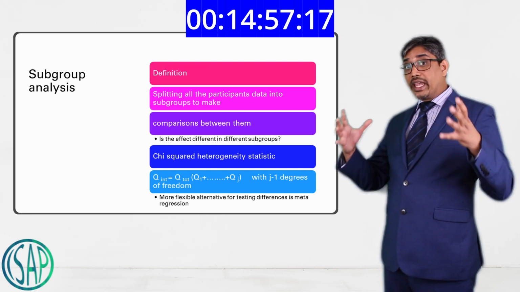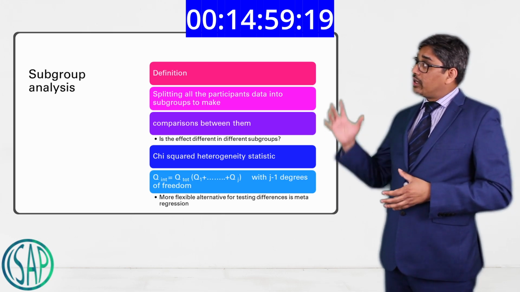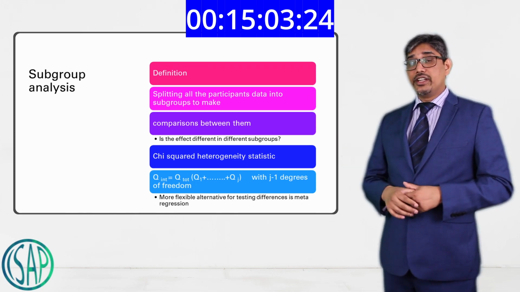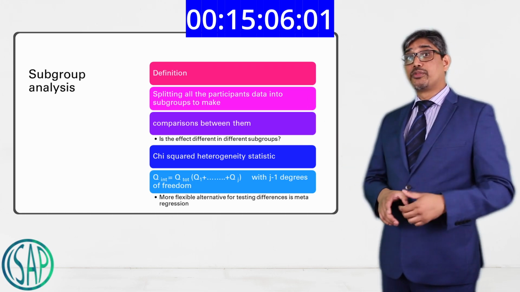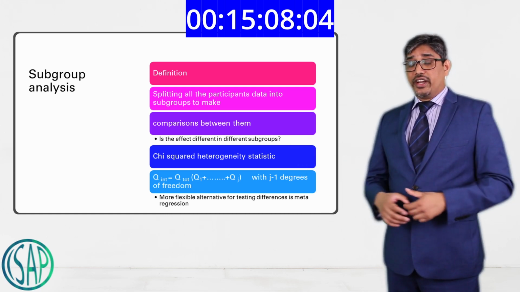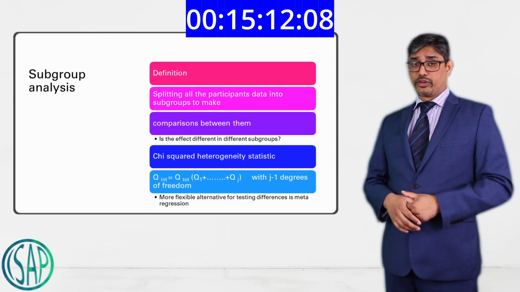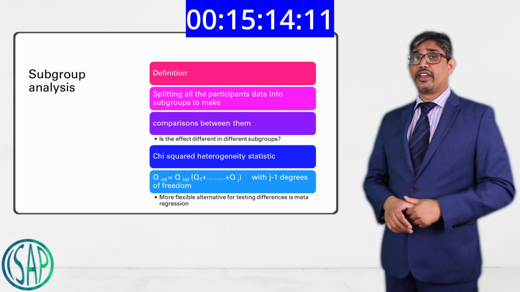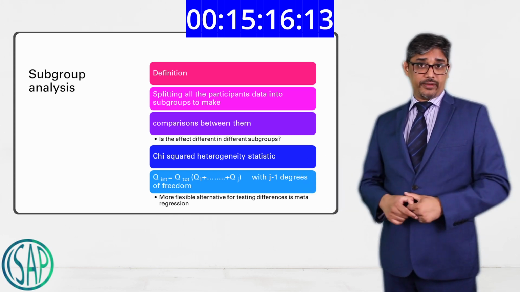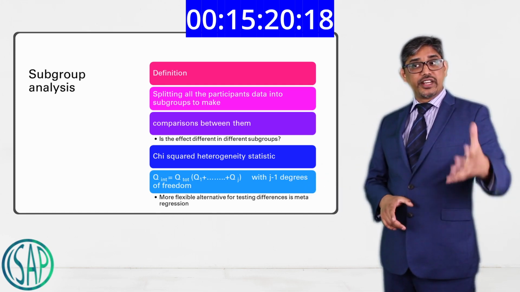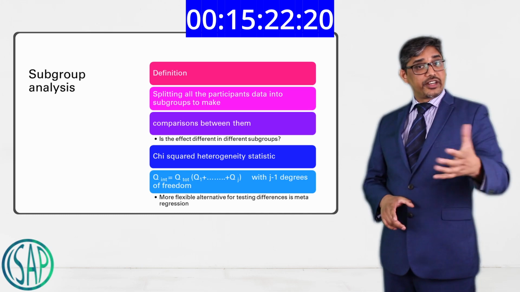So although you may have a big Q, if you have more degrees of freedom, there is less inherent heterogeneity. That means you can perform subgroup analysis if you have more degrees of freedom. But unfortunately, you may not have plenty of studies to do subgroup analysis when you encounter a higher Q value. So what is the next step then? You end up doing a meta-regression, which is a more effective and alternate way to test the cause and effect relationship.